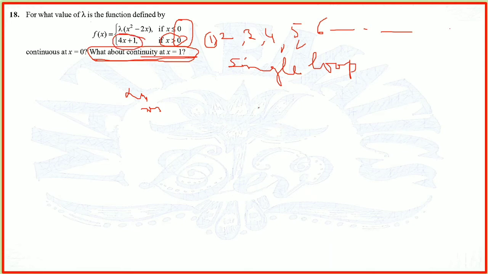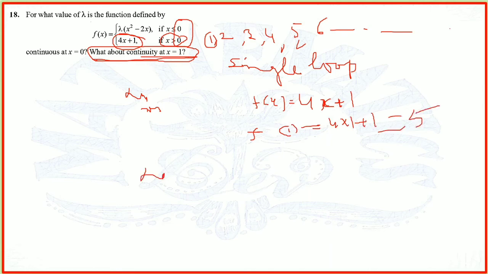Or taking the first category, f of x is equal to 4x plus 1, and now there is no change, no point of turning. So x equal to 1 means f of 1 is equal to 4 into 1 plus 1, which is 5.